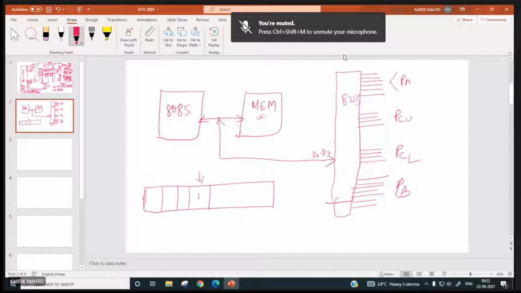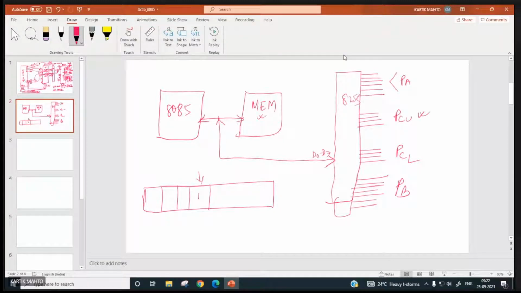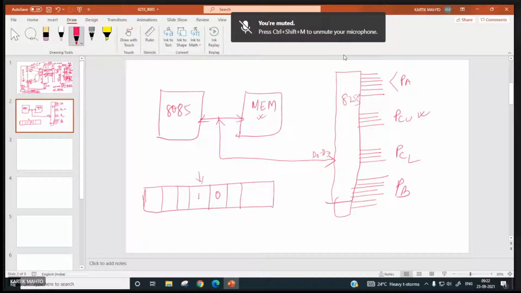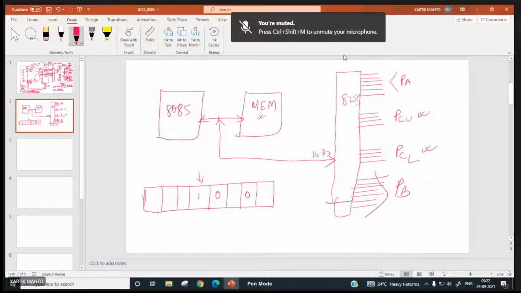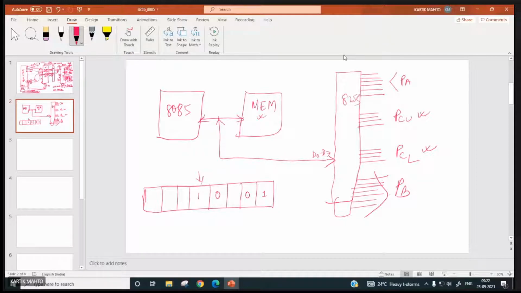And if you want PC upper as output, then this bit has to be 0. Then if you want port B as output, then this bit has to be 0. And if you want PC lower as input, then this has to be 1. Of course, this has to be 1 in case of simple IO. These bits will be for modes.